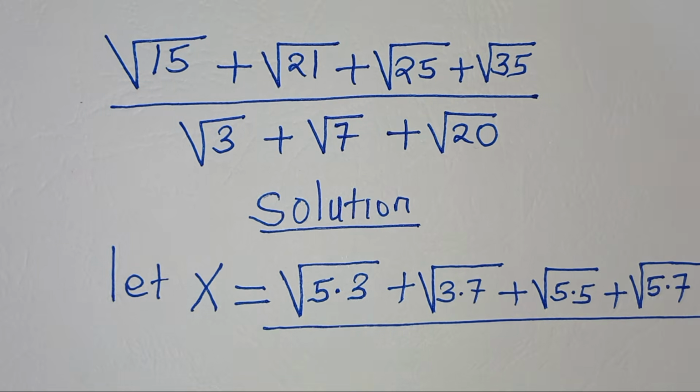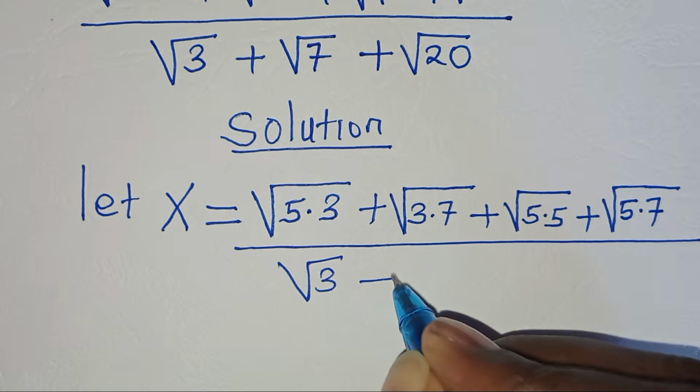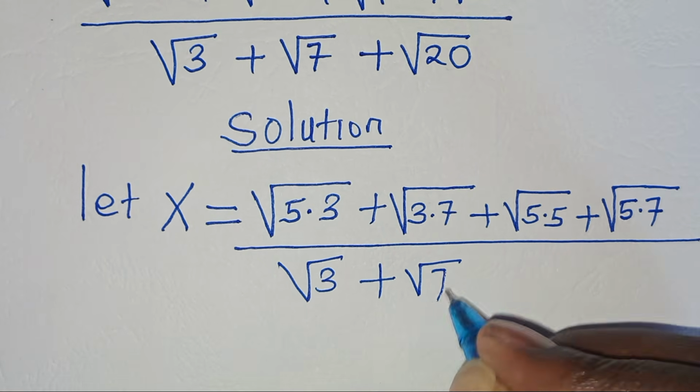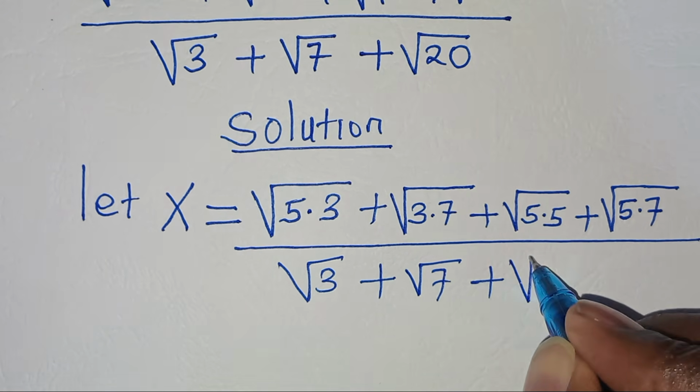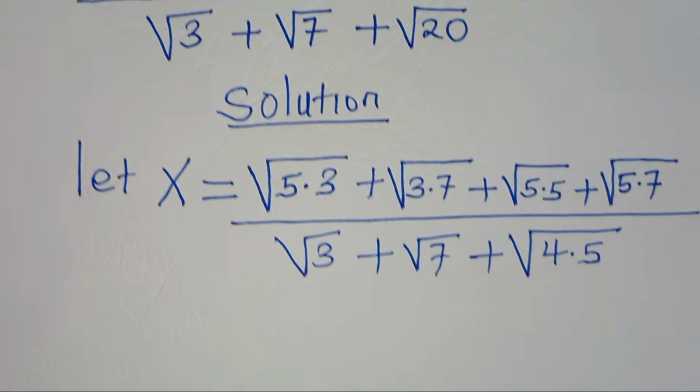This is divided by square root of 3 plus square root of 7, then plus square root of 20, which we can express as square root of 4 multiplied by 5.